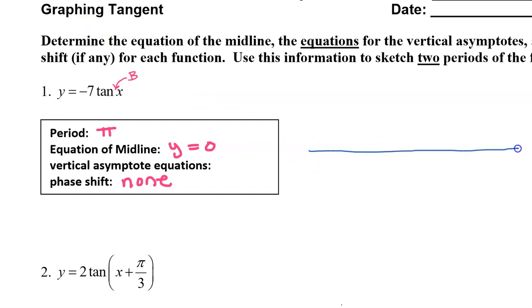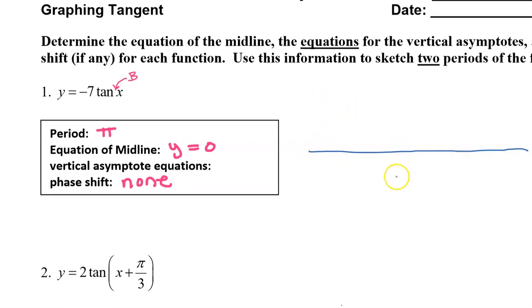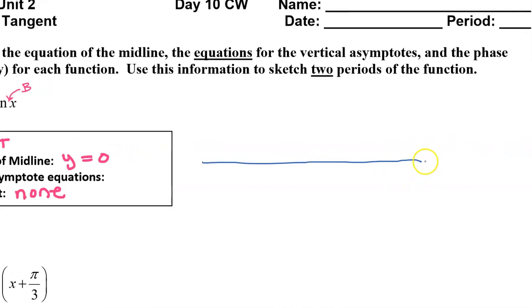Okay, so here is my x-axis. Since there is no phase shift, we are going to start the graph right at 0. I'm going to go ahead and put the y-axis right in the middle since we are going to do 2 periods of this function.